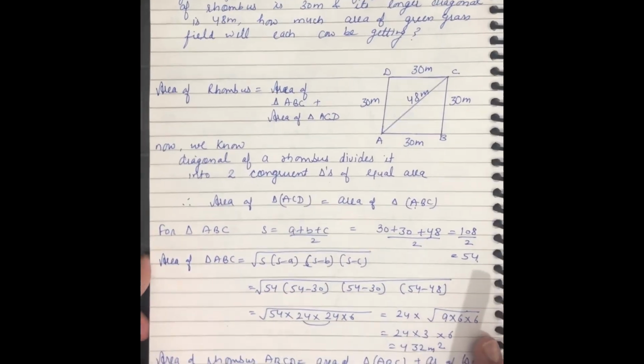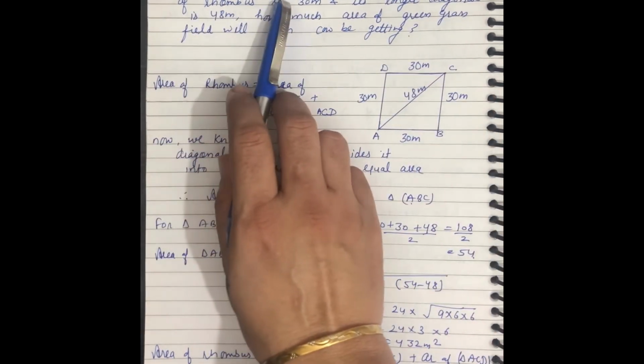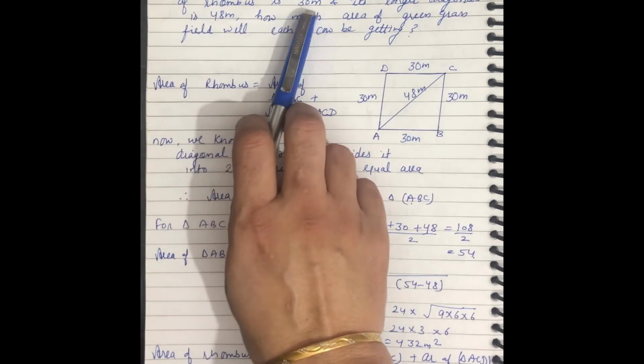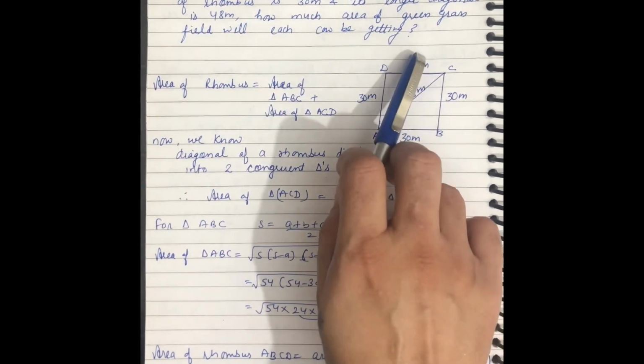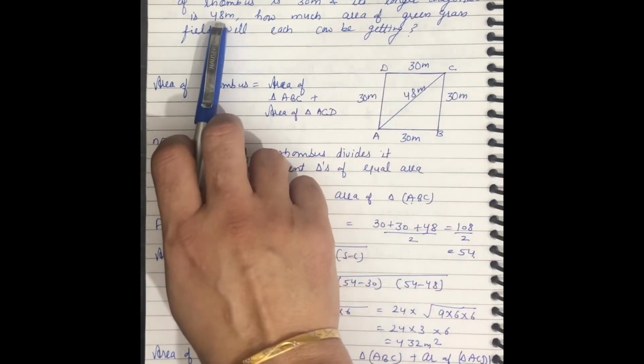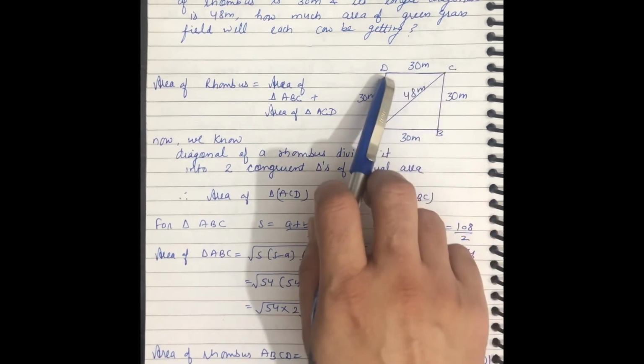Now next question, question number 5. A rhombus shaped field has green grass for 18 cows to graze. Each side of the rhombus is given as 30 meters and its longer diagonal is given as 48. One diagonal is given as 48. You can take any one diagonal.